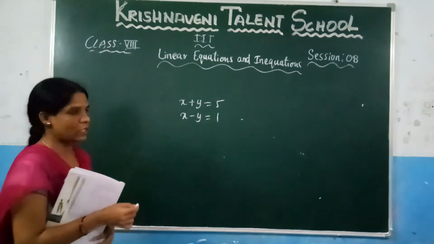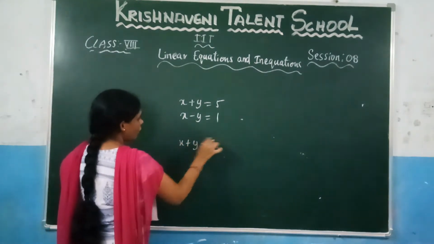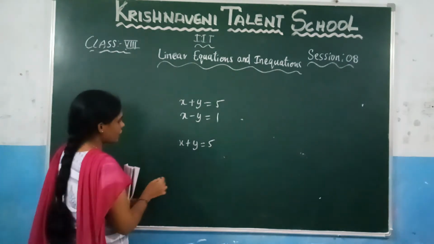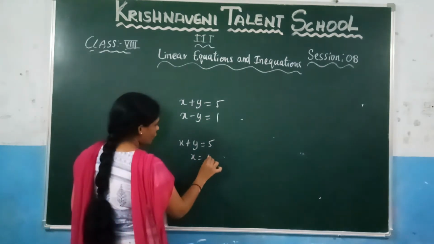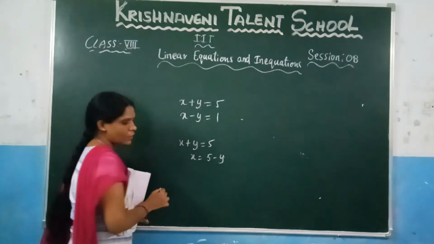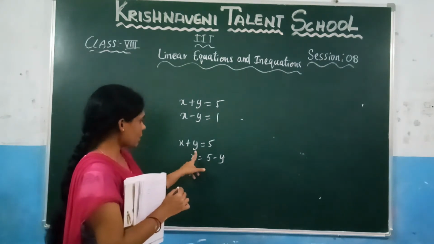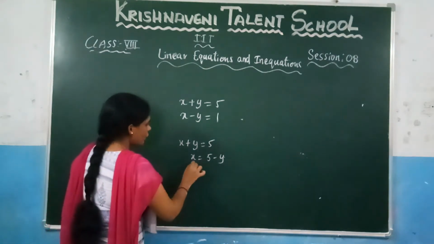Let us solve that one. So consider the first equation, x plus y is equal to 5. Find either variable, as you wish. So I am finding the value of x. What is the value of x? x is equal to 5 minus y. If you take plus y to that side, it will become minus y. Now you got the value of x.